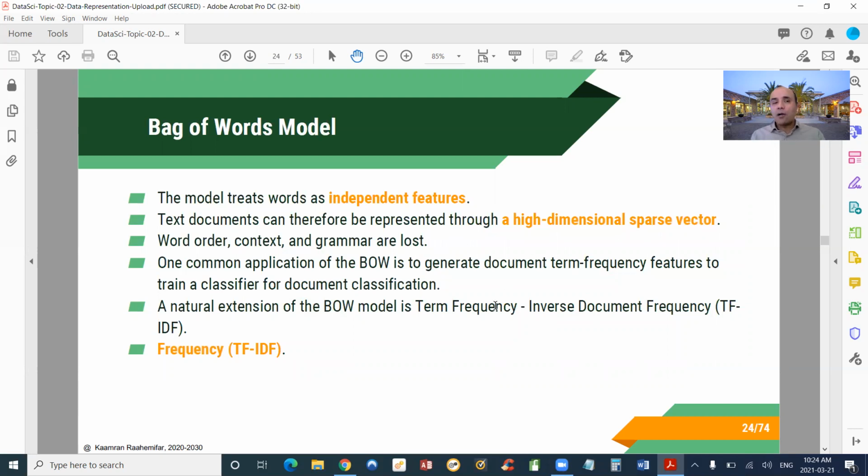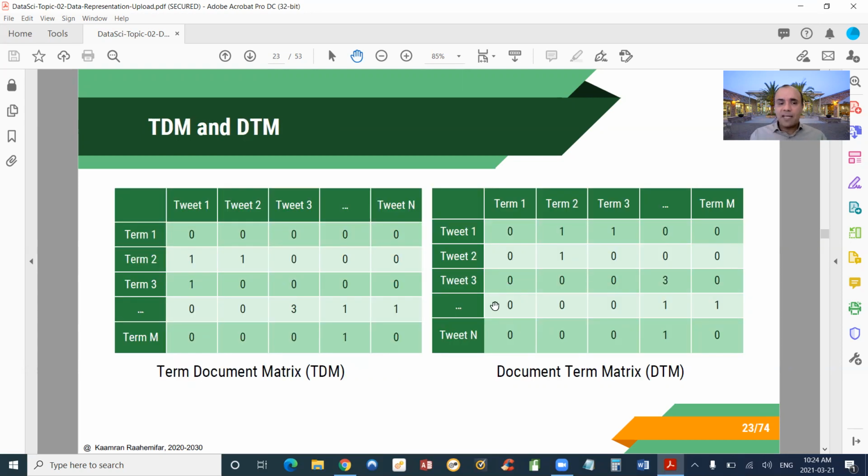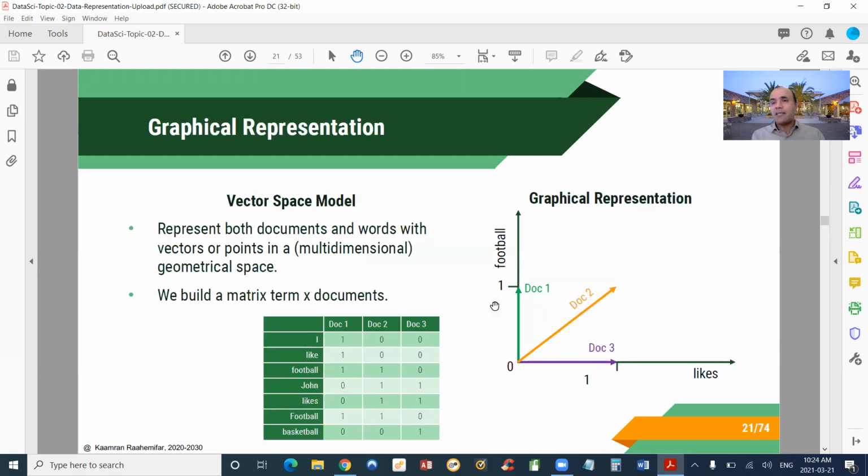Bag of words model is basically, when you take a look at my statement here, when I say I like football, if I have not pronounced it to you, would you say that I said football like I football?